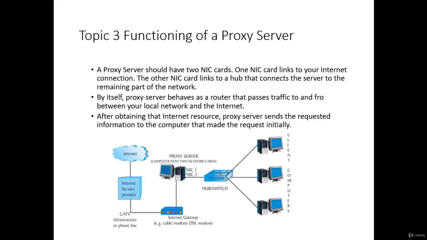By itself, the proxy server behaves as a router that passes traffic to and from between your local network and the internet. After obtaining the internet resource, the proxy server sends the requested information to the computer that made the request initially.